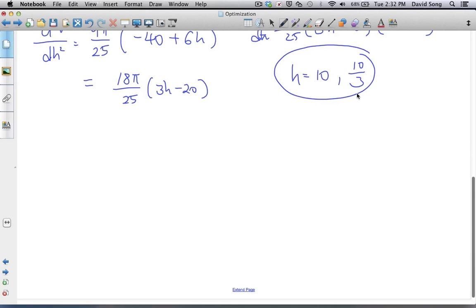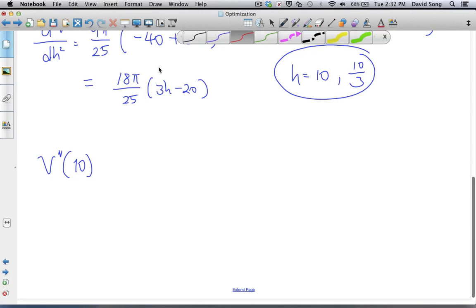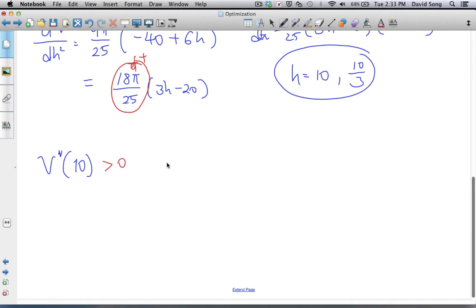Alright, so I need to find out if this is going to give me a maximum or minimum. Luckily, we already found a second derivative. So we just have to plug in the second derivative of v when h is 10. What does that give us? So this is always positive here, so we don't have to worry about that. This is always positive. And then 3 times 10 is 30 minus 20, that's going to be positive. So that means local min, because your second derivative is positive, is concave up, that must have been a local min at h equals 10.